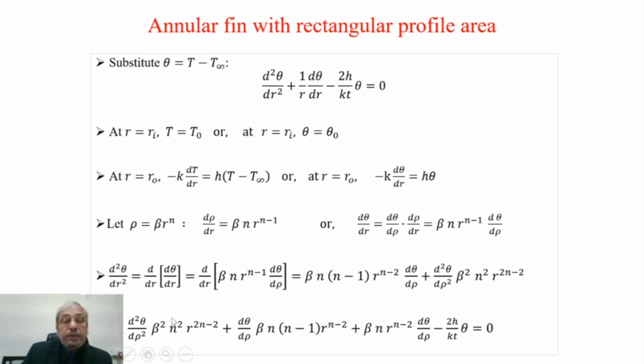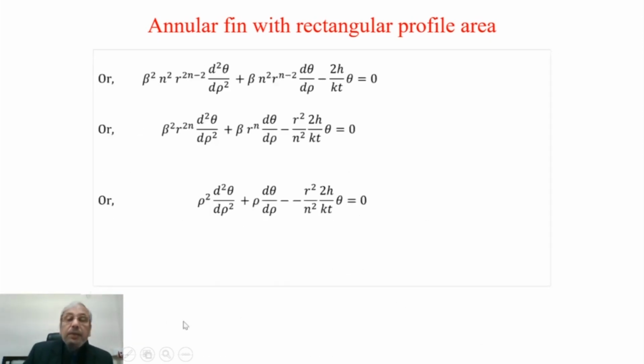So this becomes our governing equation, which will be reduced with a little bit of algebraic arrangement: beta square n square r power twice n minus 2 d2 theta d rho 2 plus beta n square r power n minus 2 d theta d rho minus twice h by kt into theta equal to 0.